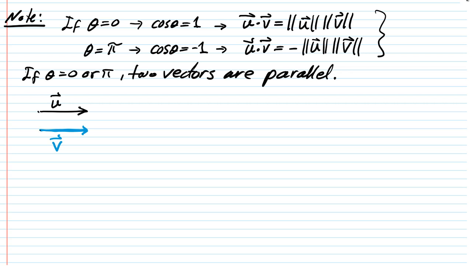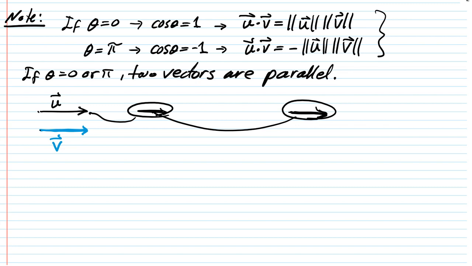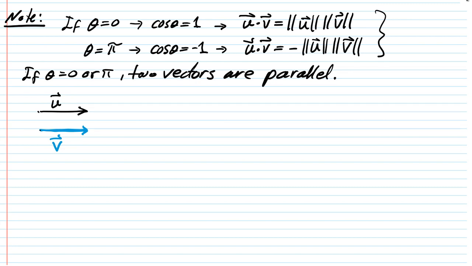But remember, we can translate vectors. Like if I have a vector over here, I can bring this vector and place it here, or I can place it at the tip of this vector, as long as it has the same magnitude and direction. So that's an equivalent vector. Well, when they're parallel and theta is 0, they could be in this form, or I can write them like this.